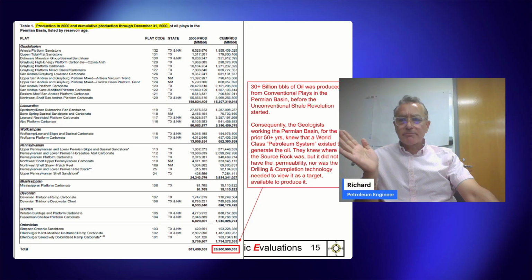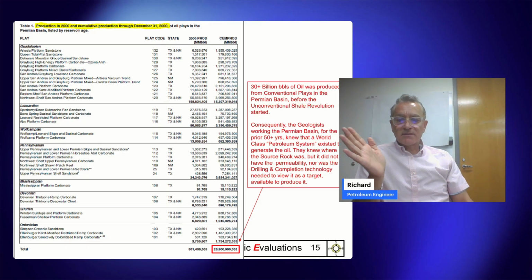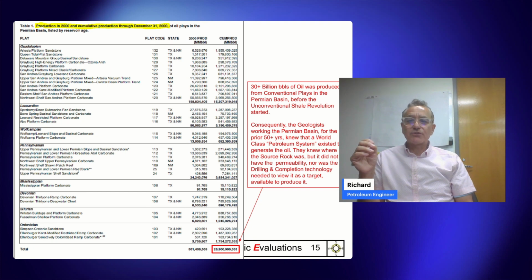The thing to point out is that as of the end of 2000, the reservoirs that had been identified and were producing had produced just shy of 29 billion barrels. To the present day, over 30 billion barrels of oil has been produced from conventional plays. These are all conventional plays before the unconventional shale revolution started.